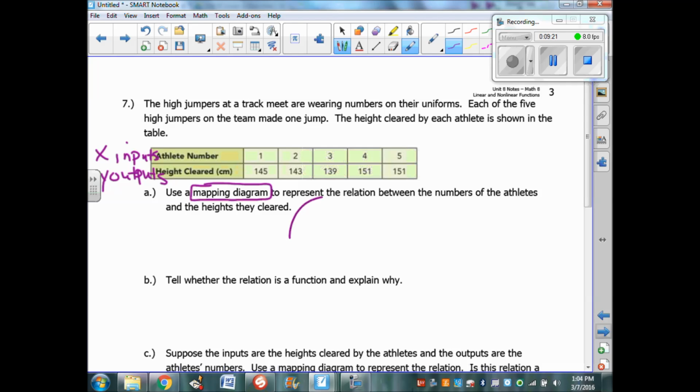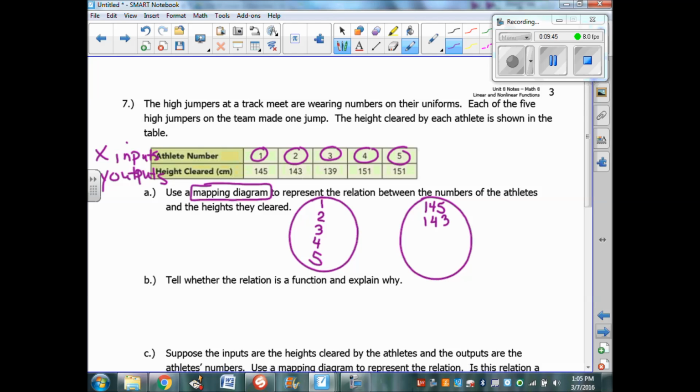So if I were to draw a map, the mapping consists of 2 circles, and my x's are 1 through 5, and then my y's are my numbers, and they don't have to be put in order. As long as you get all of them in the other circle, you're fine.